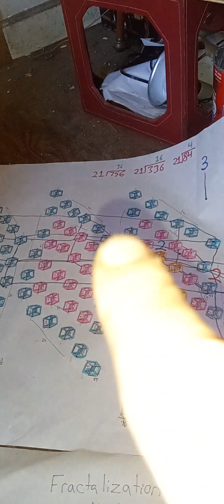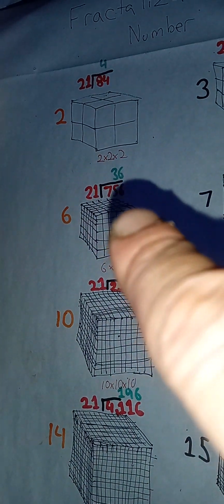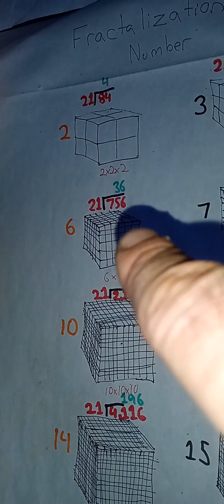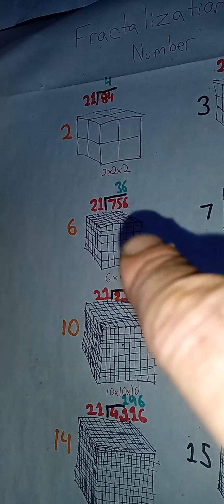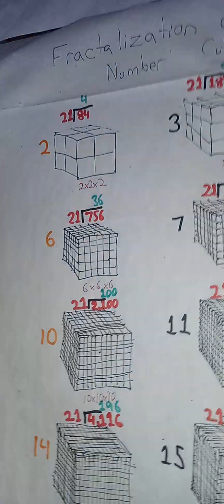The central ghost number, 21, goes into 756 36 times, and that's what it has down here. So 21 goes into 6x6x6, or 756, 36 times.